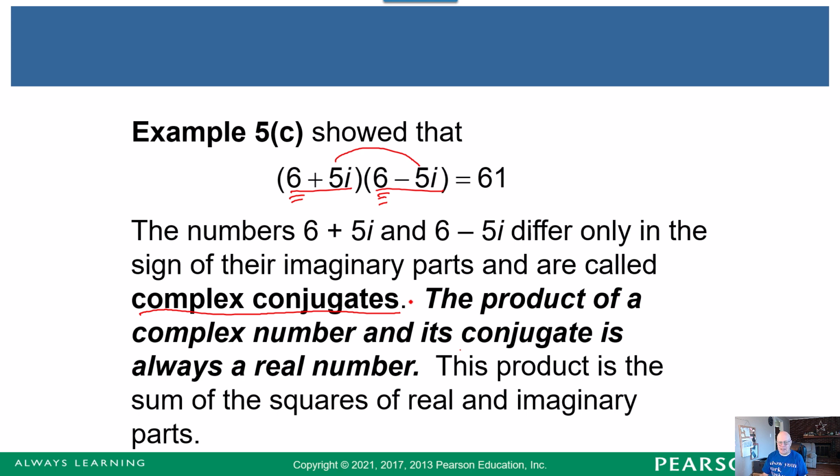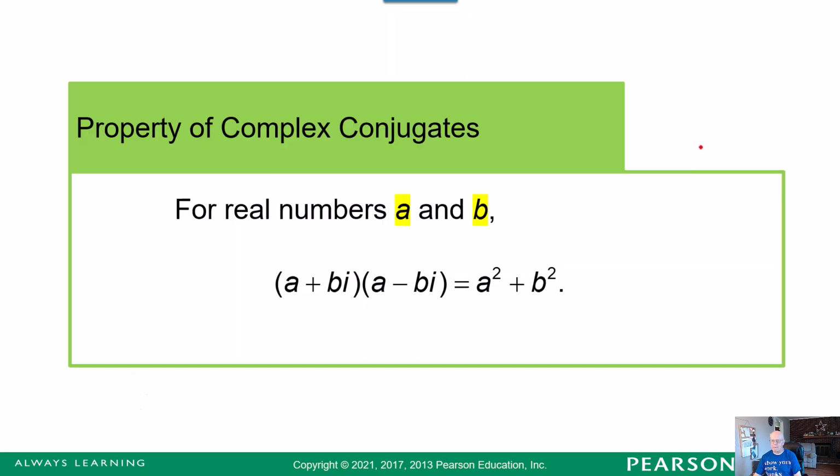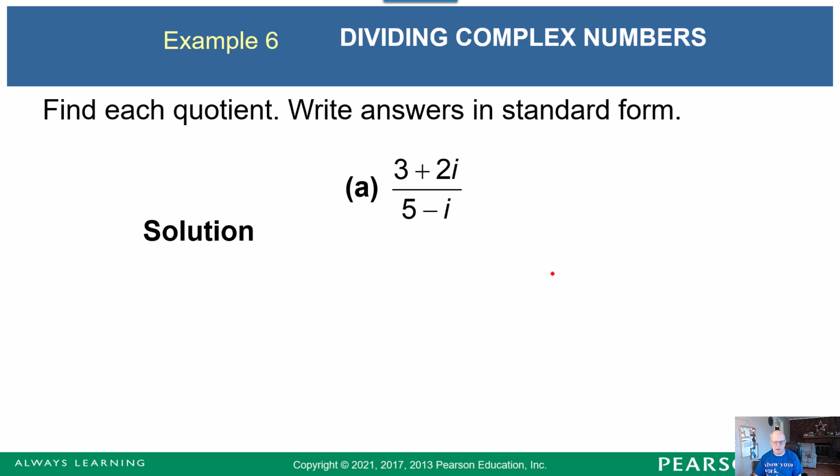Another example would be 17 plus, say, 8i, and 17 minus 8i. Remember, it's the imaginary part that will be different from one to the other, and the real part will be exactly the same. So this is a shortcut. Multiplying complex conjugates, you end up with a real answer, a real number.